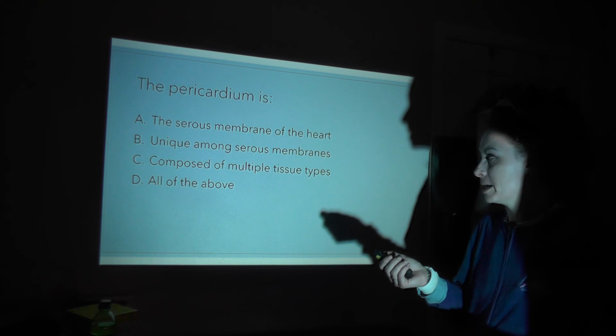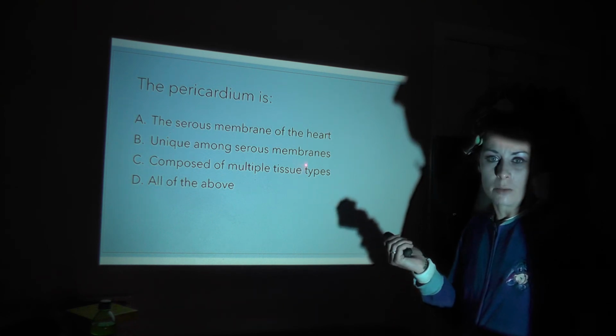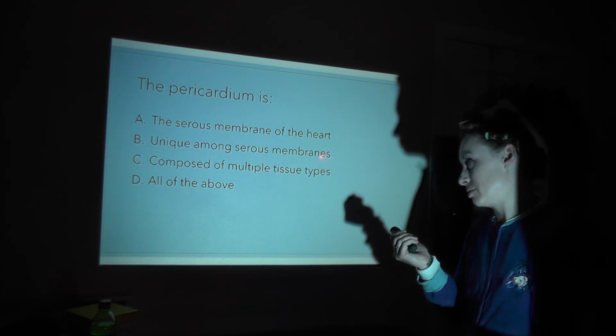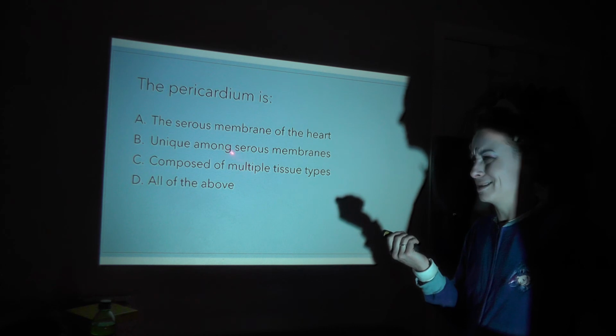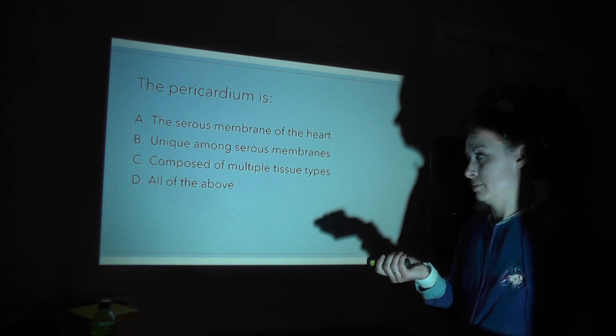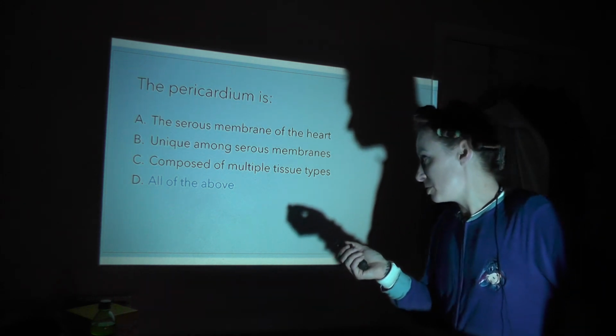The pericardium is A, the serous membrane of the heart, B, unique among serous membranes, C, comprised of multiple tissue types, D, all of the above. All of the above. So it is the serous membrane of the heart.